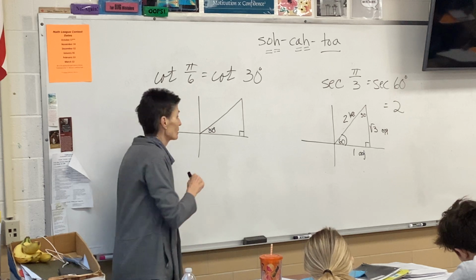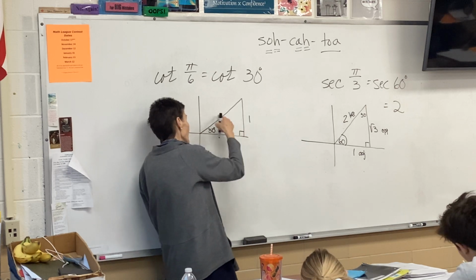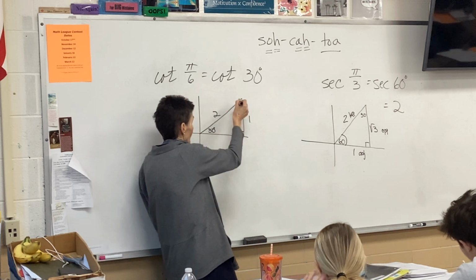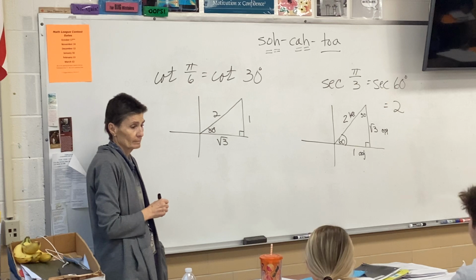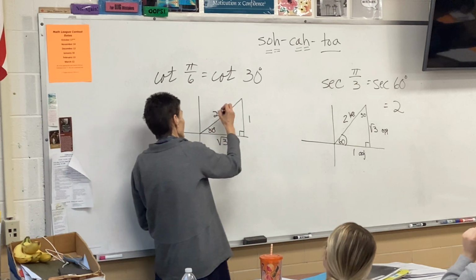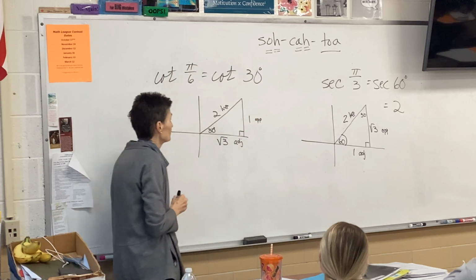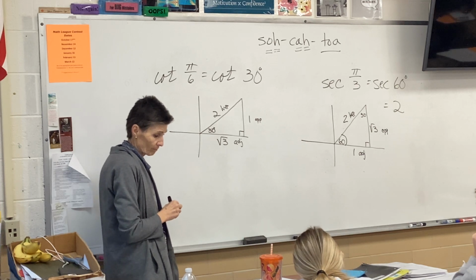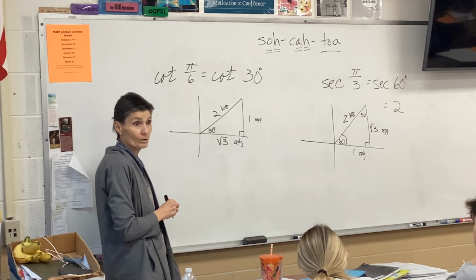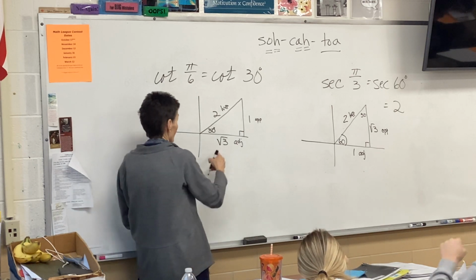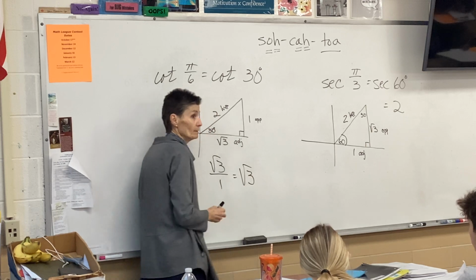Yep. Across from the 30 is 1. Hypotenuse is 2. Across from the 60 is root 3. Cotangent. What is cotangent? Adjacent over opposite. So adjacent over opposite would be root 3 over 1, or just plain old root 3.